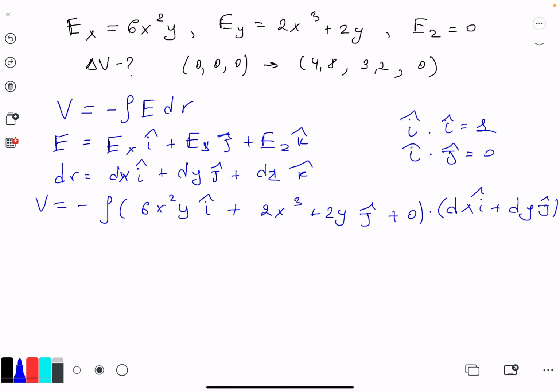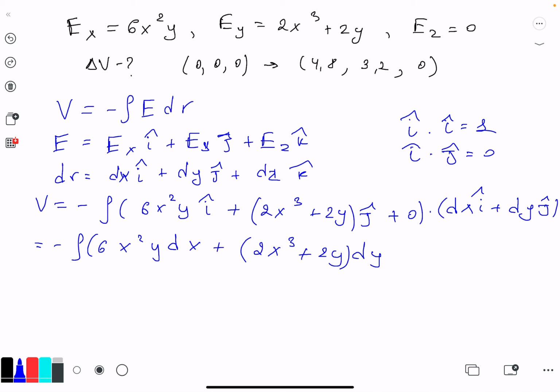Okay, so that means here we will get 6x squared y dx, correct, and then plus 2x cubed plus 2y, so let me just say 1 multiplied by dy.